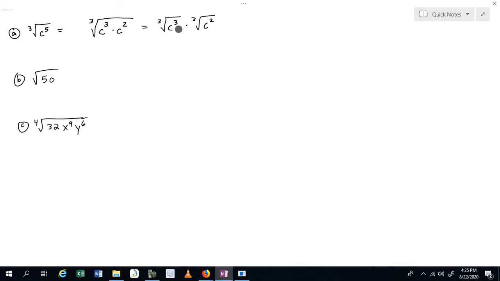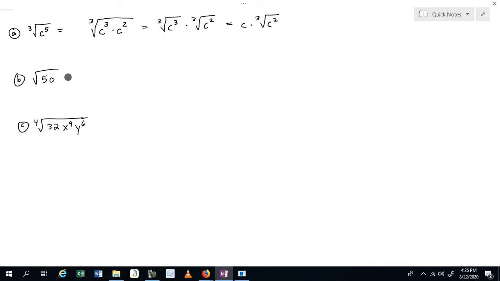But the cube root of c cubed is simply c. And so you end up with c times the cube root of c squared. And now you notice that this exponent on the radicand is less than the index. So that's considered simplified.